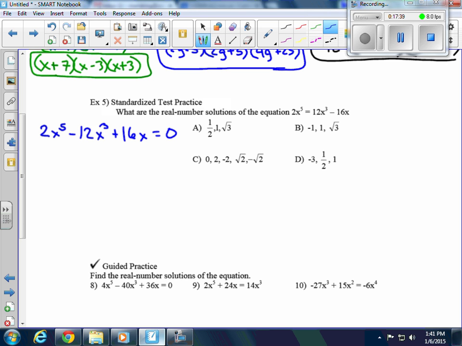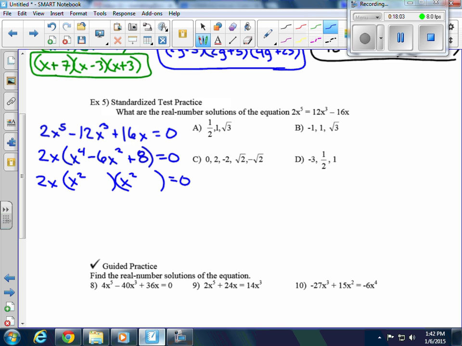So if we look at this problem, now I can factor out a 2x. And so we're going to have x to the 4th minus 6x squared plus 8 equals 0. And so now you're going to have 2x. And we're going to factor this. So it's going to be x squared and x squared.